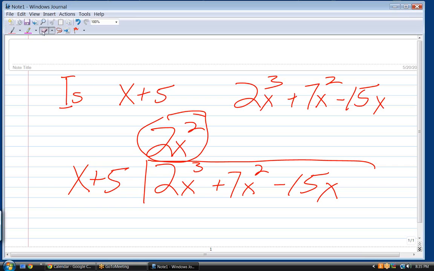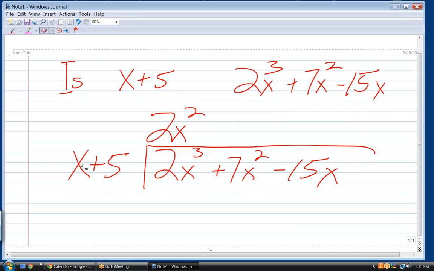And then just like in regular long division, you subtract after that. So multiply this by both of these. So 2x cubed, and that's always going to be the same if you did your division. But the next is different. Plus 10x squared.